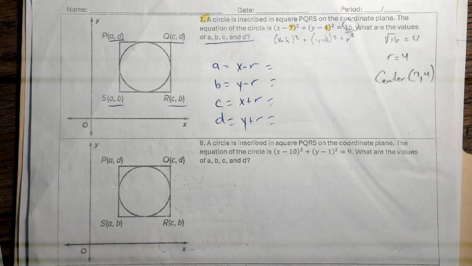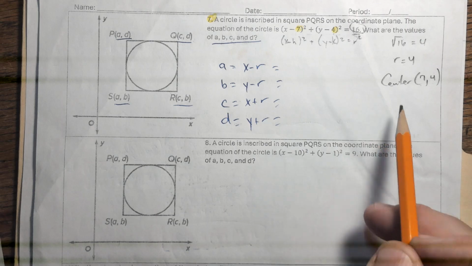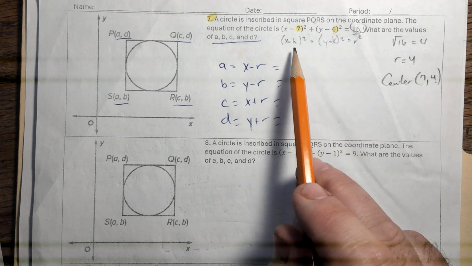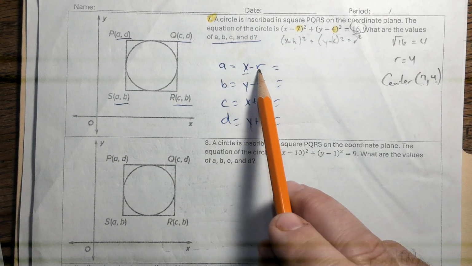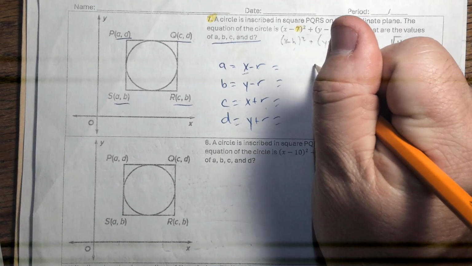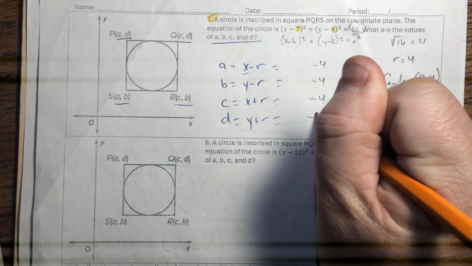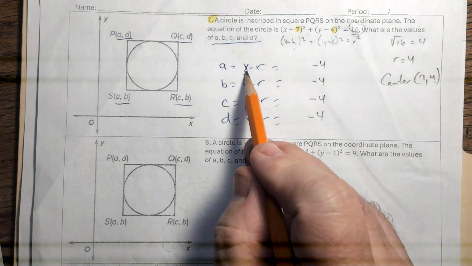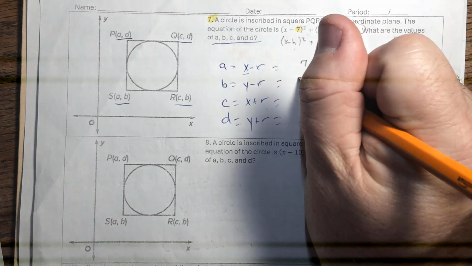So again, what are these things? Your center, that's your x, that's your y of coordinates, even though we're calling it h and k. The r is the radius. So obviously it's minus 4 on A and B, because it's minus r. In this case, we're talking about the center, so x is 7, y is 4.